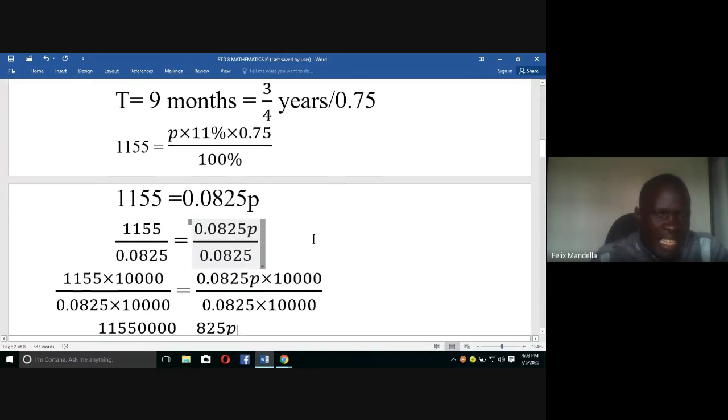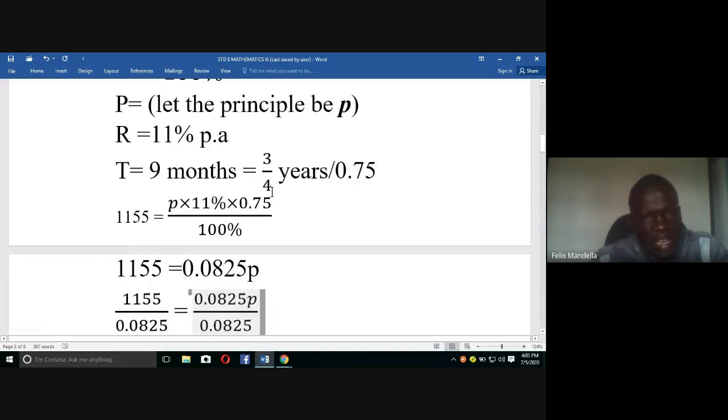And again, at this point, I know some of us could have decided to use 9 over 12. It is okay. When you use 9 over 12, ensure that you put it in the numerator, then you divide by 100.